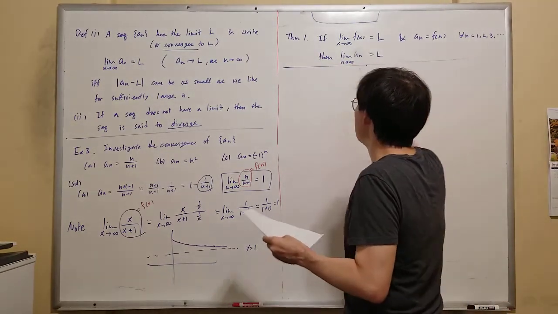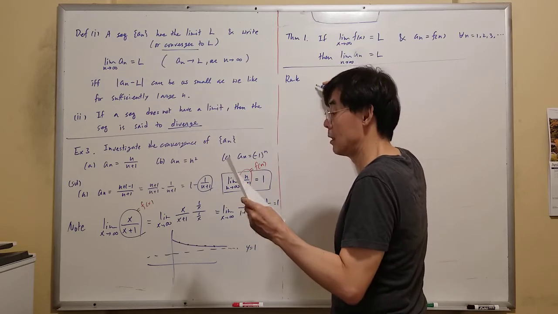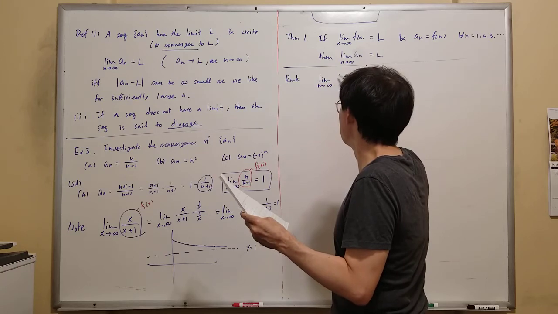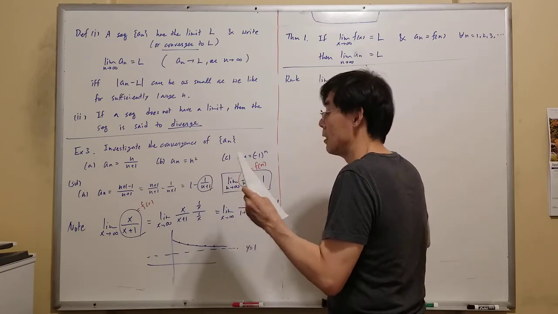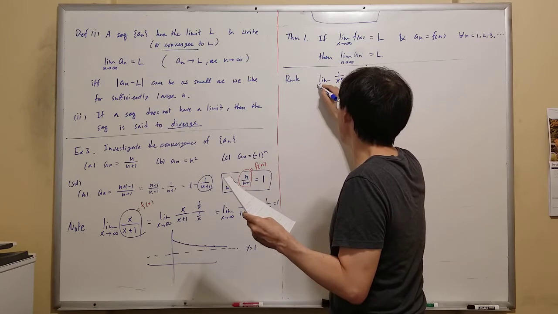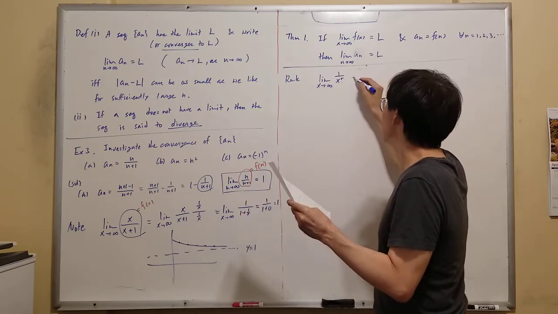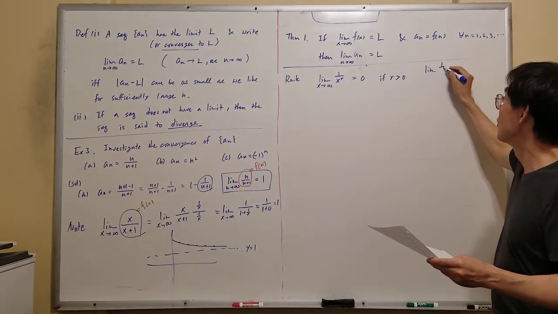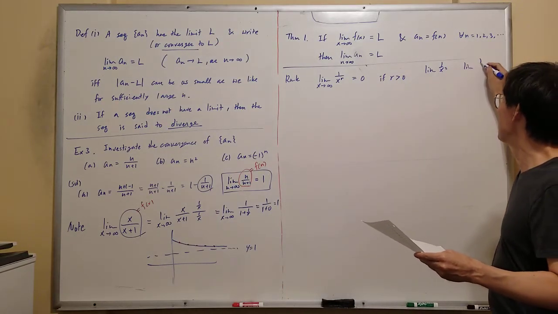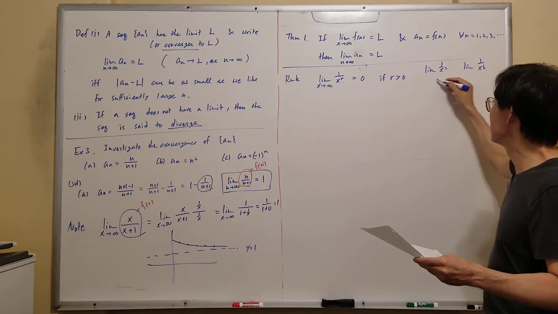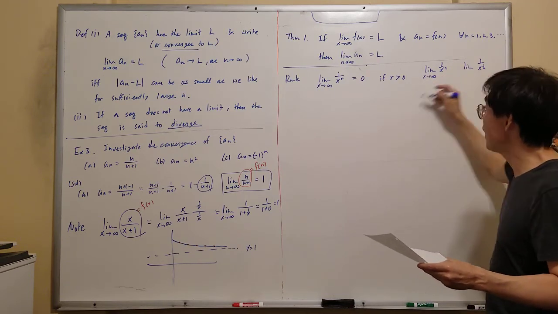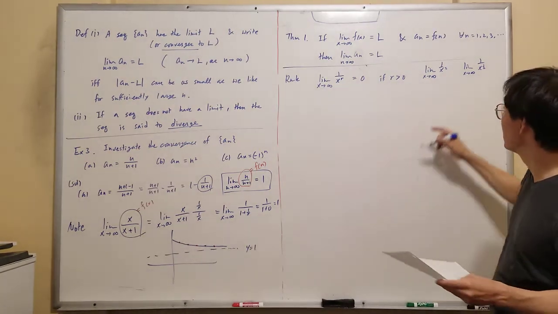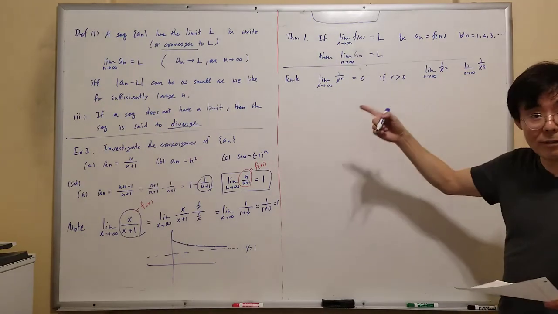Okay? Then remark. Remember that the limit of 1 over x to the r as x goes to infinity equals 0 if r is greater than 0, like 1 over x squared, or 1 over the square root of x. As long as this power is positive, then as x goes to infinity, your denominator goes to infinity.